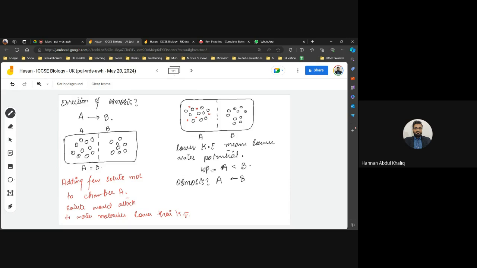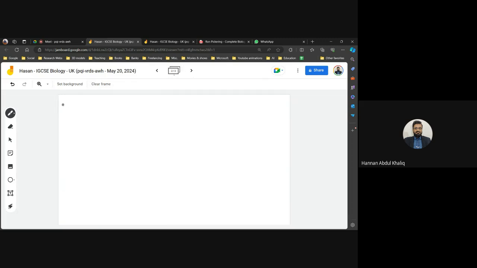Now, what are the differences? Number one difference between diffusion and osmosis is the involvement of a membrane. Number two, osmosis is only for water, while diffusion can be done in water and in any other substance.